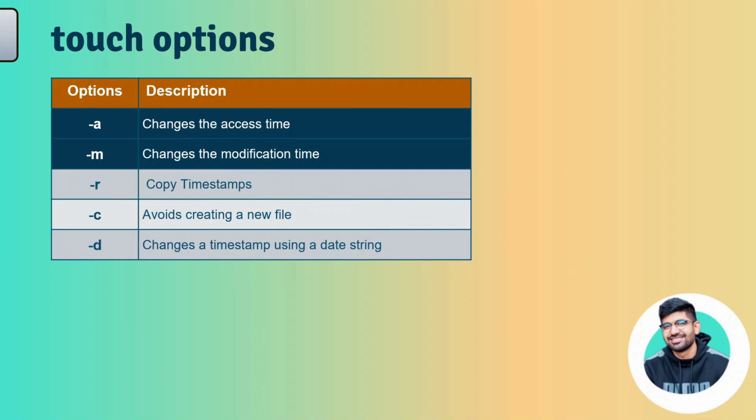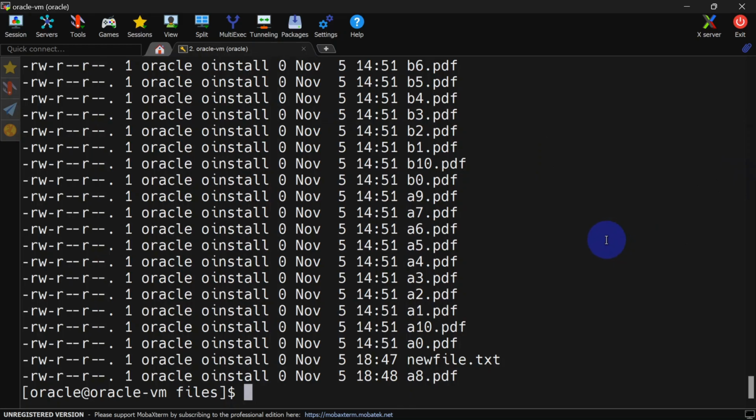by default touch updates both access and modification time, but with -a and -m you can change access time and modification time separately. So let's try that. We are in the terminal and we are going to change the access time for a1.pdf.